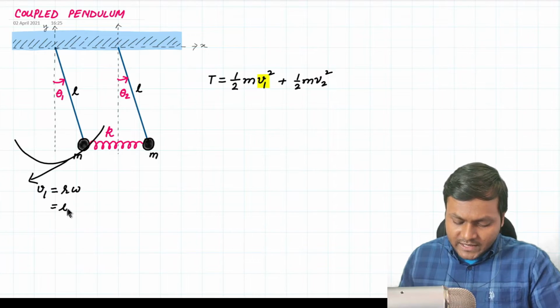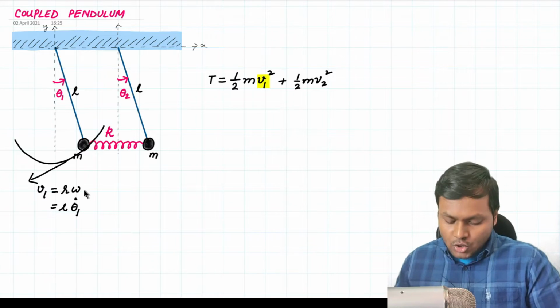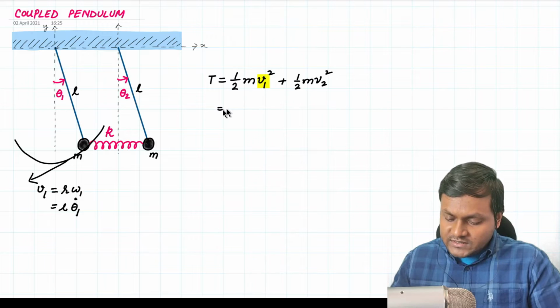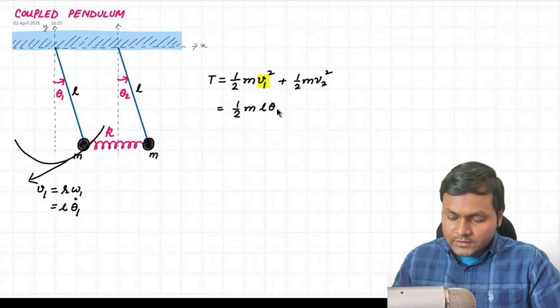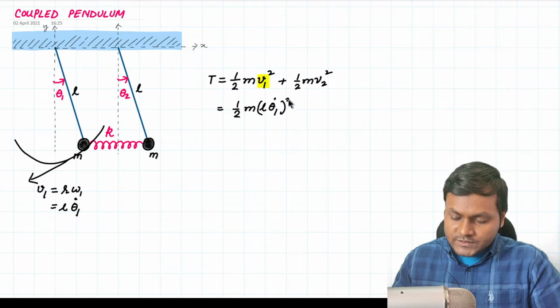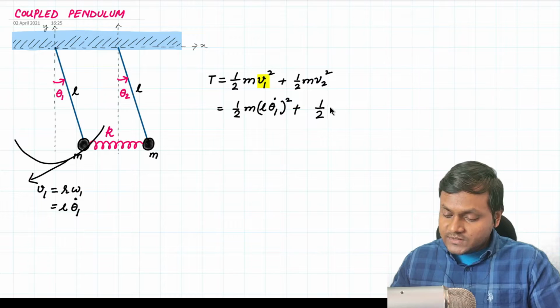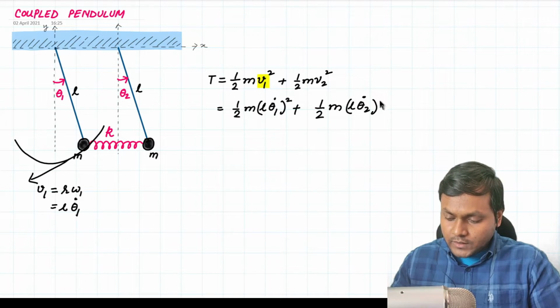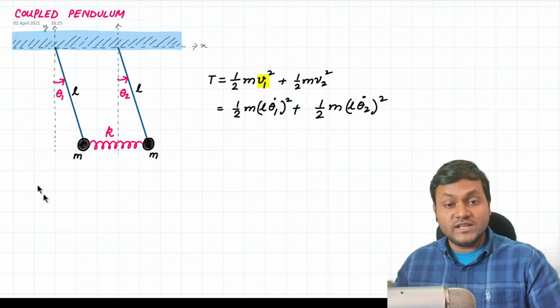So r here is L and omega here is nothing but θ1 dot, dot simply meaning the time derivative of θ1, which is nothing but omega 1. So this is nothing but half m L² θ1 dot square, right? Similarly, the kinetic energy for the second mass is half m L² θ2 dot square, right? So this is the general kinetic energy expression for the entire system.